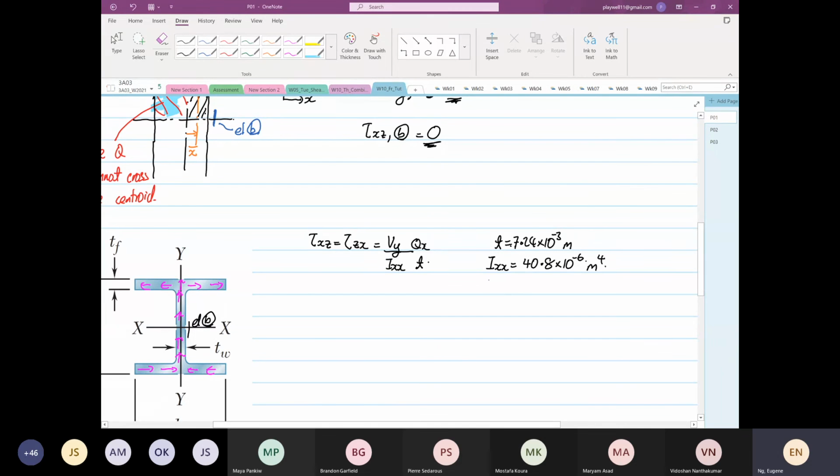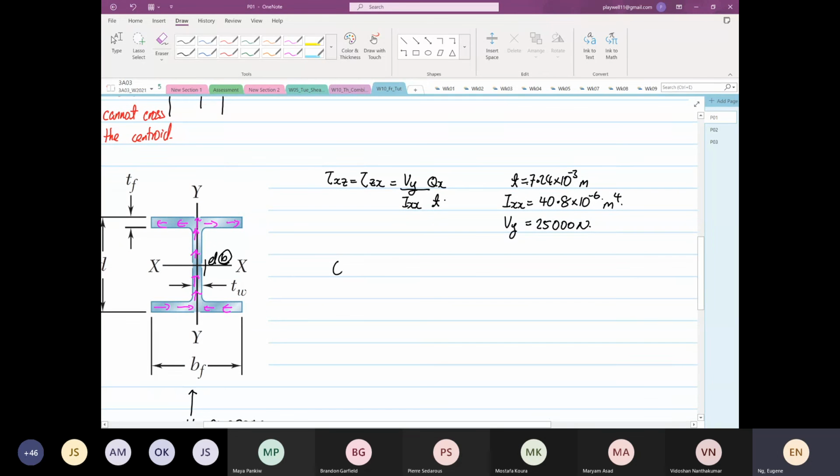And then Qx we don't know, but we know that Vy is equal to 25,000. So from here, we have to find Qx. Before we do element B, element B is a wide flange configuration.